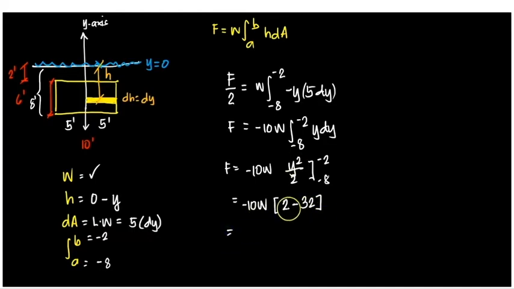Therefore, -30 times -10 is 300 W force units. So again, I have to show here that it's F divided by 2 because I only considered half of the slab in that example.